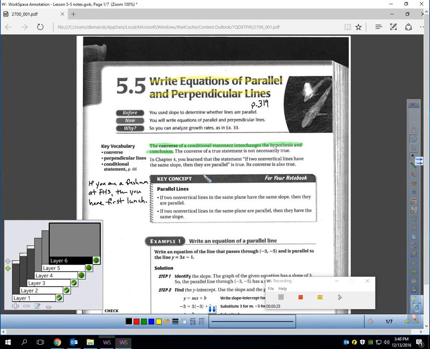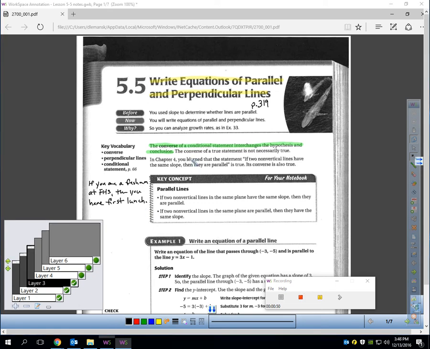So let's review something from earlier in the year, where we talked about what a conditional statement was and what a hypothesis and conclusion was. Here's a conditional statement. It's an if-then statement. I used this earlier in the year. If you are a freshman at FHS, then you have first lunch.